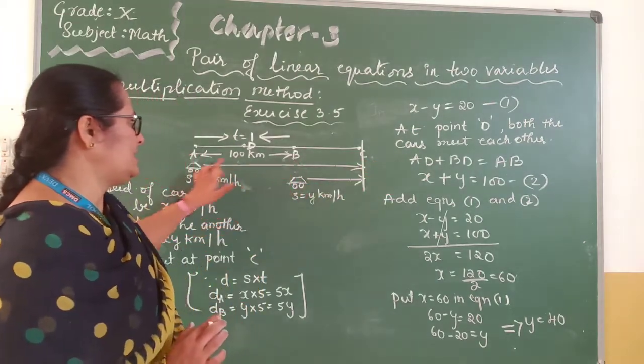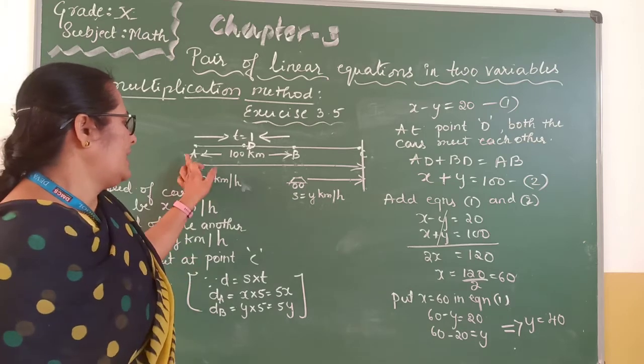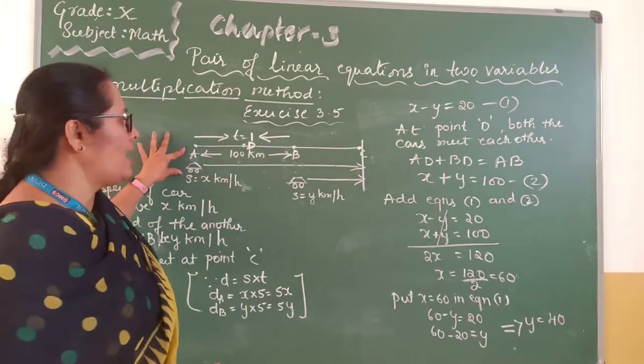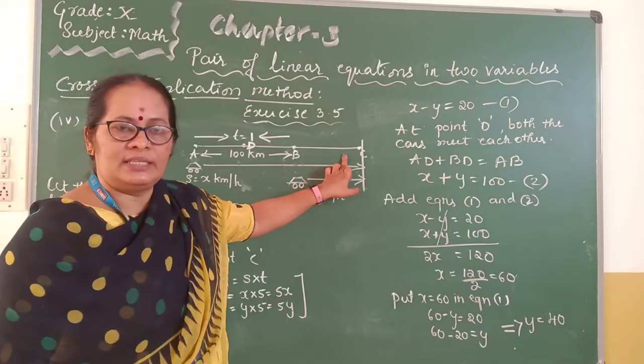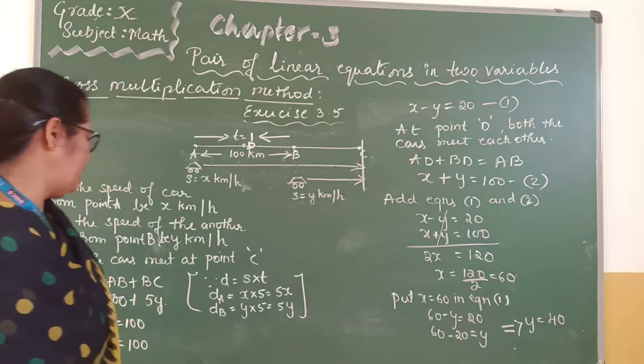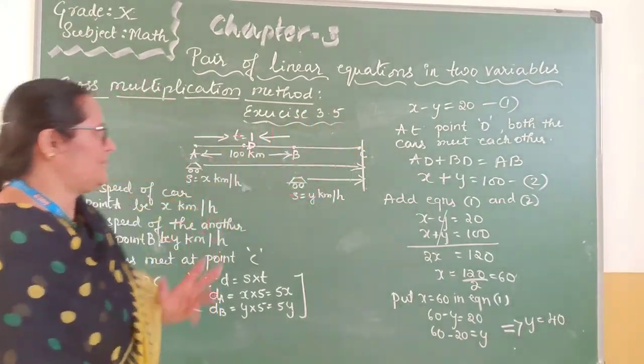AB is the distance between the 2 points A and B, AC is the distance travelled by the car from point A, and BC is the distance travelled by the car from point B. So the equation is AC equals AB plus BC.